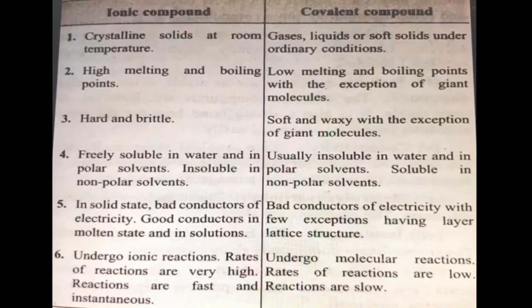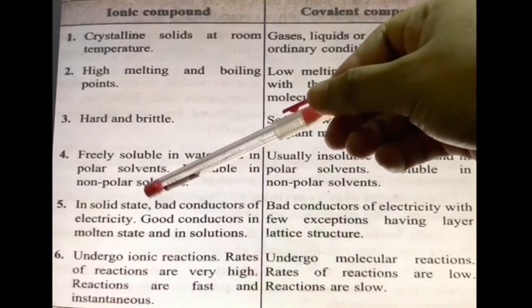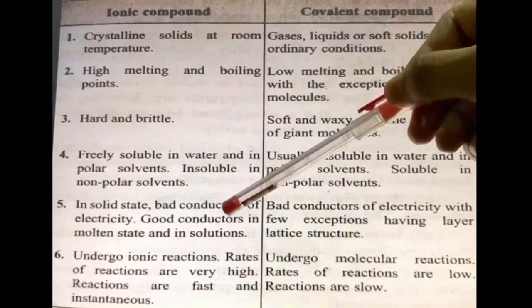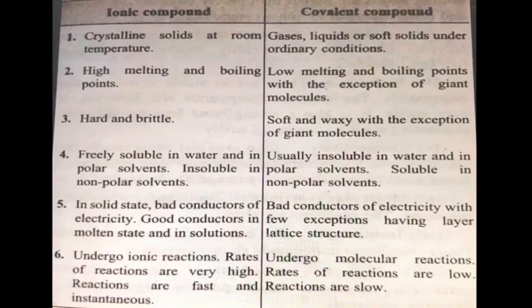Ionic compounds are bad conductors of electricity in the solid state, but good conductors in the molten state or in solution. Covalent compounds are bad conductors of electricity, with few exceptions having a layer lattice structure, for example graphite. Except graphite, all covalent compounds are bad conductors.